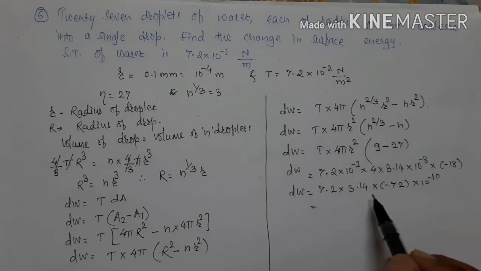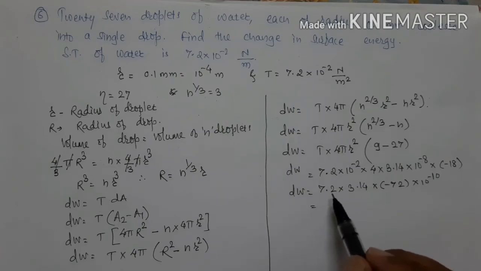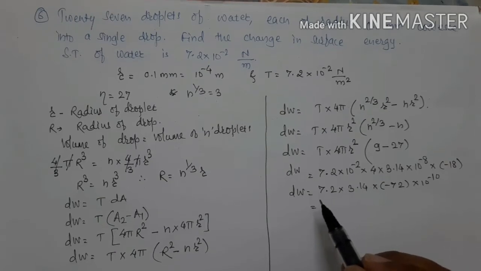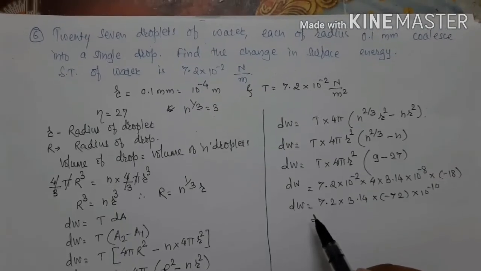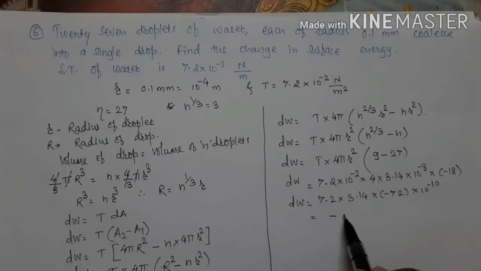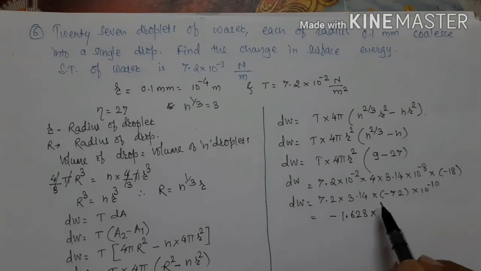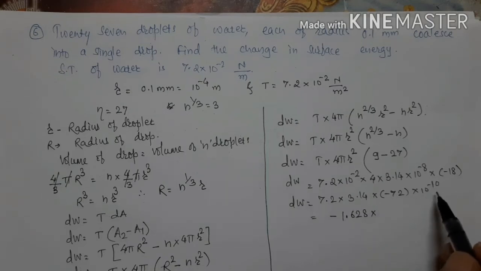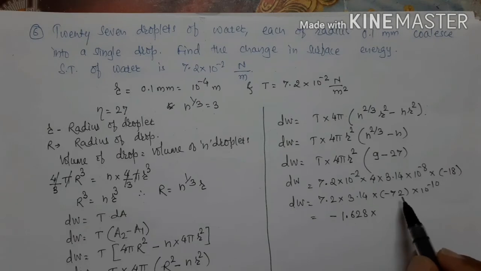By multiplication you will get this as the answer: minus 1.628 into 10 to the power of minus 7 joule.